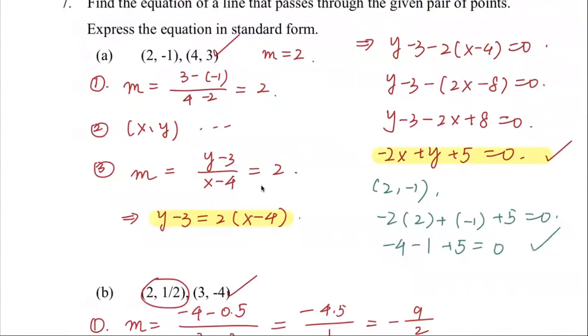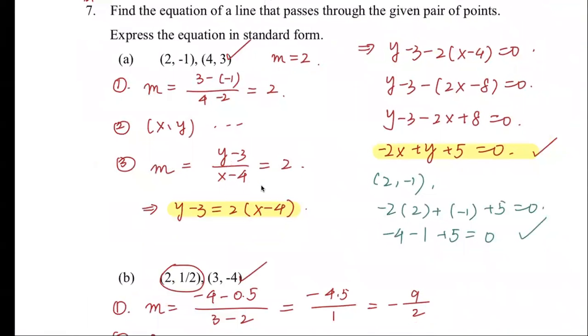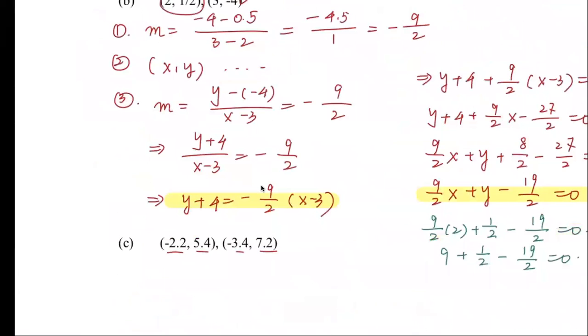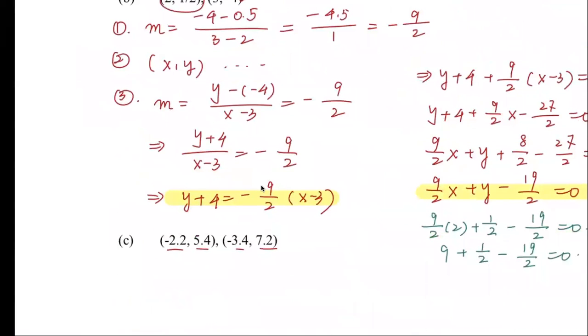In the first 2 questions, the numbers are neat, right? In the third question, the numbers are really messy, and yet they literally teach us the same method. There's nothing more to part C, right? So I'm just going to skip part C because the numbers are too messy. But the method is the same. The steps are the same.